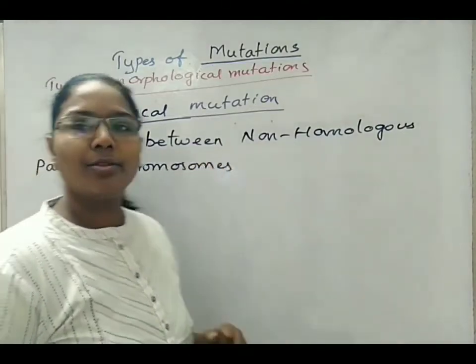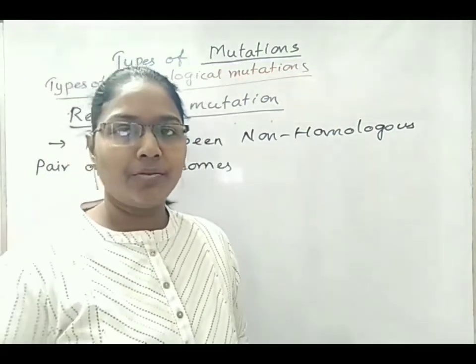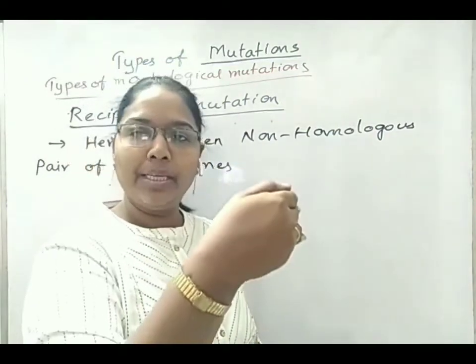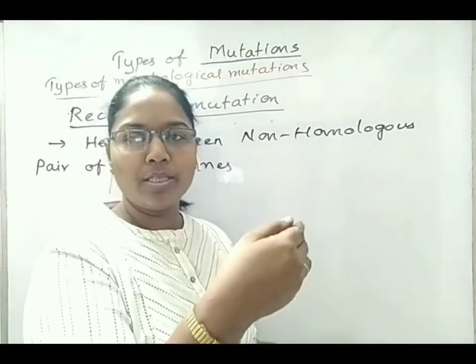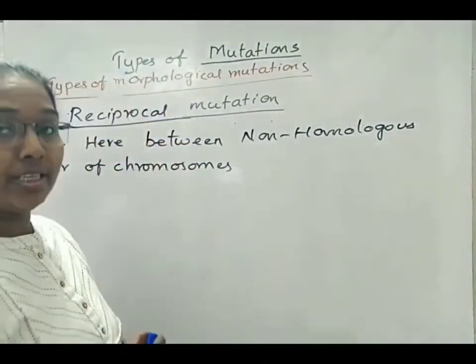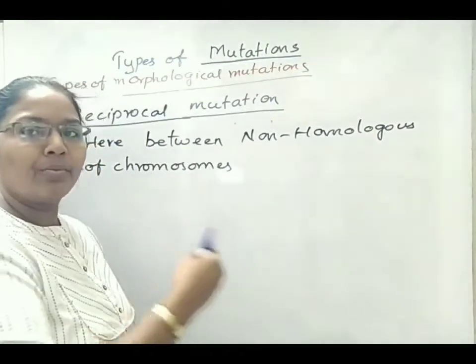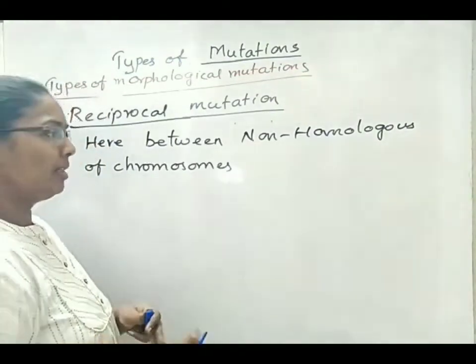We have seen in case of translocation type of mutation, genes are getting transferred in one direction. Means from one chromosome of a non-homologous pair to another chromosome of the non-homologous pair. But in case of reciprocal, both the chromosomes exchange the genes between them.